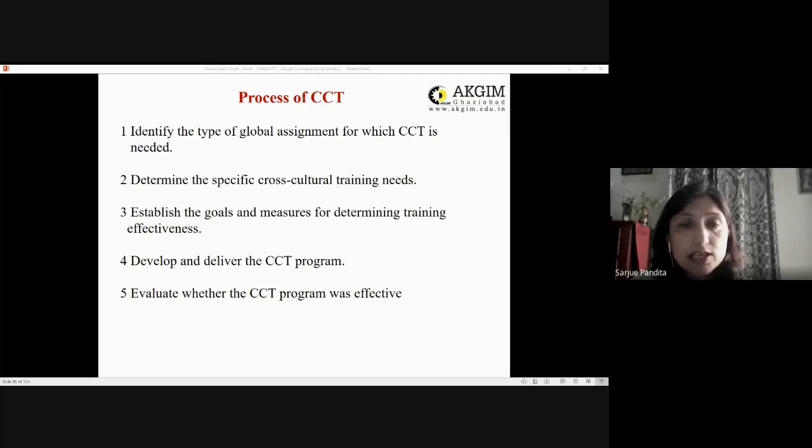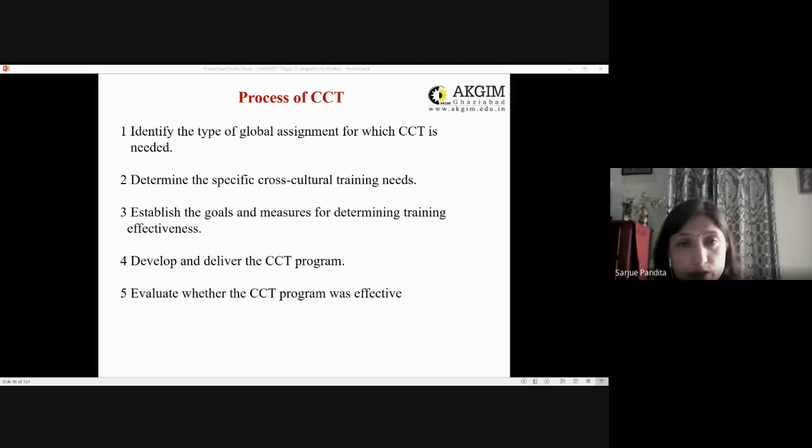Cross-cultural training goals should be stated in detailed and measurable terms so that when you convey those goals to your assignee, he is very clear why this cross-cultural training is being given to him and how he should receive it, so as to bridge the gap in adjusting in the host country, right?